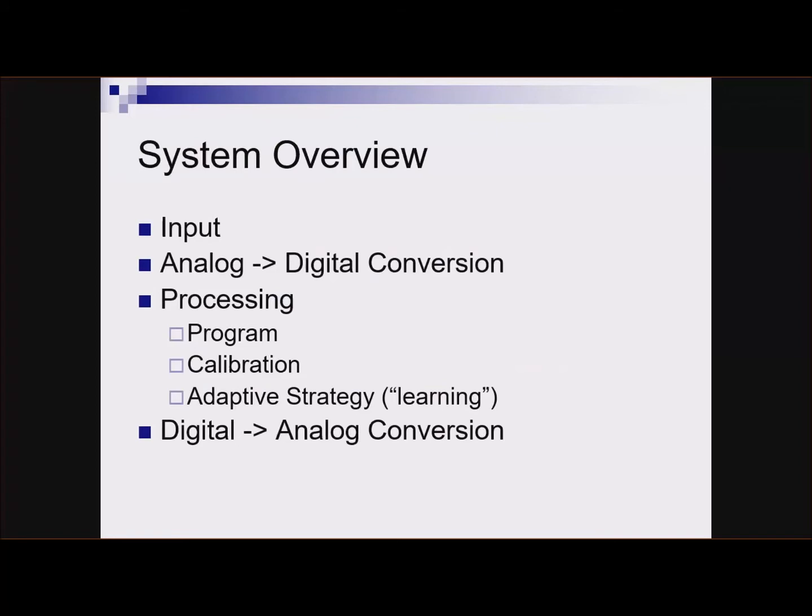So we need some sort of circuitry to convert the computer's digital language into a varying, almost infinitely varying current, which is analog. And then, of course, there are outputs such as motors, lights and indicators.